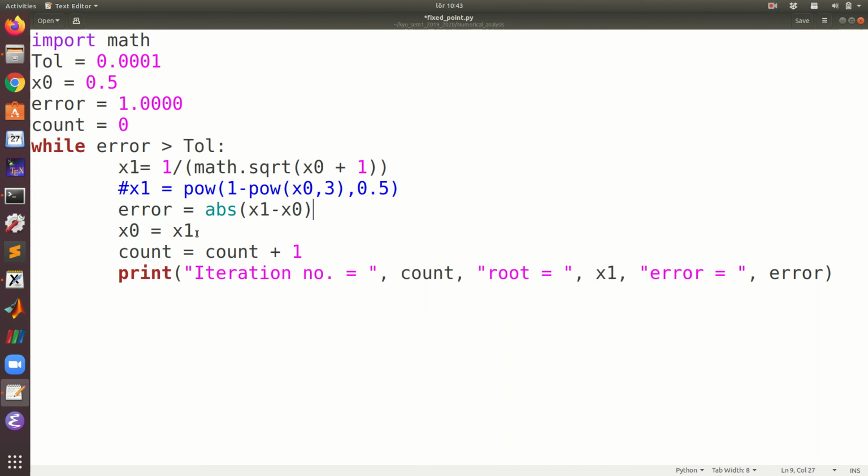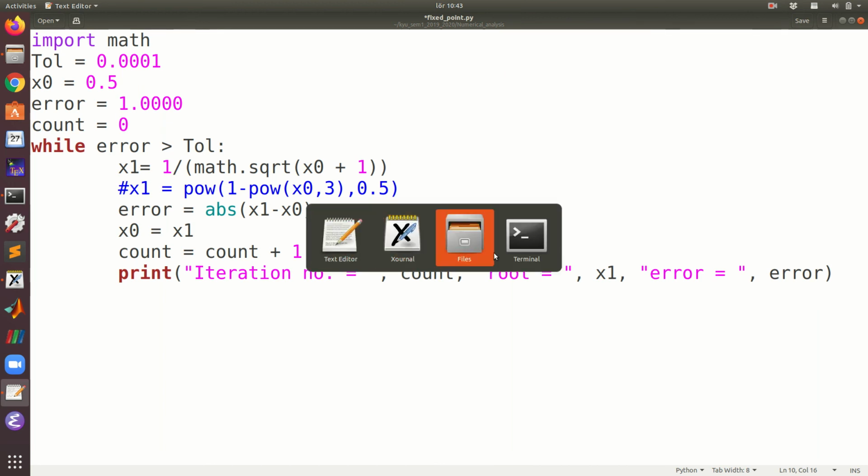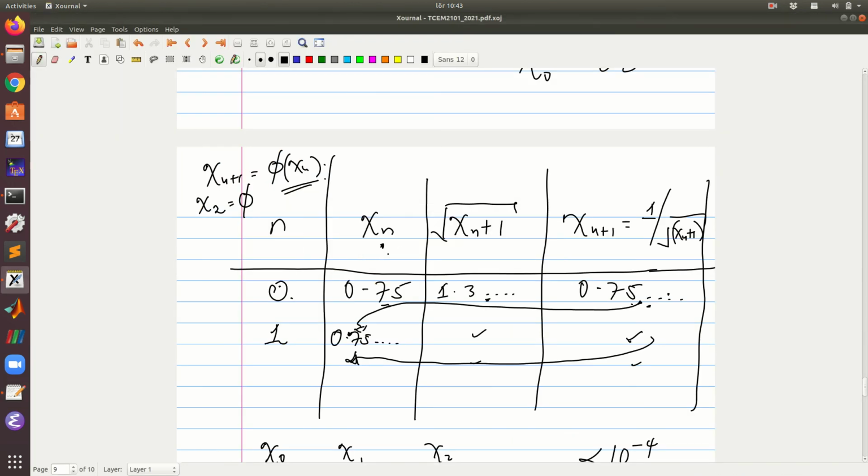Then in the next one we set x0, the previous value, to take on the new value. If I can go back to the file we had here, you see this is x1.